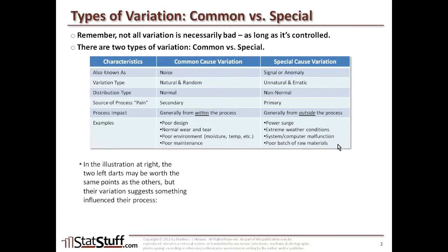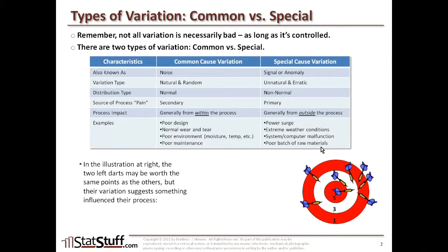So in that way, we used an illustration before where we showed a dartboard that had all these different darts. We said that common cause variation might be reflected in the darts on the far right-hand side, where they're generally close to each other and not too far off. So these represent something more consistent, yet there's still some distance between them, so there's general variation, or the common cause variation, as far as how distant they are from one another.